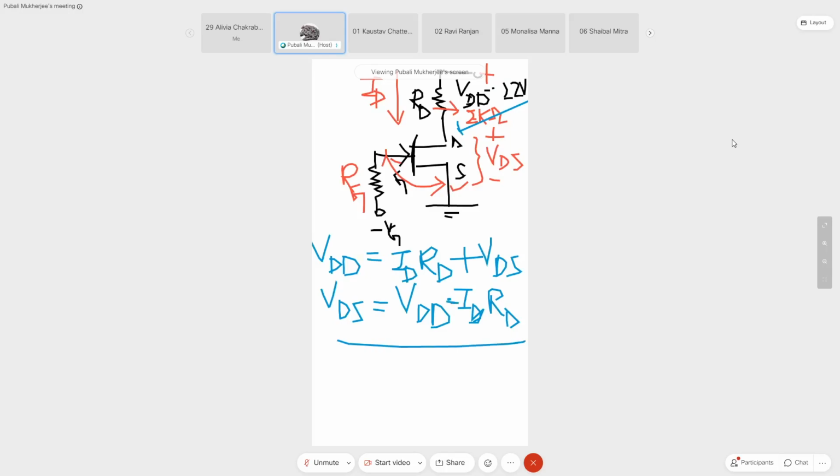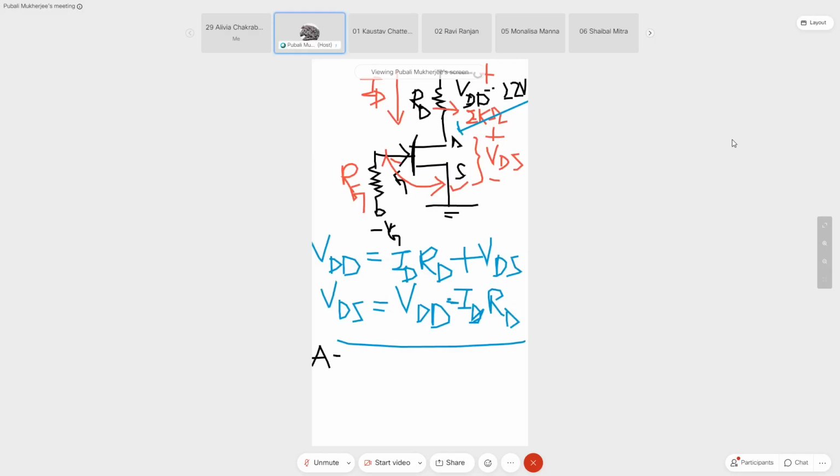So if we need to draw the Q point, we must use two options. One is we put ID equal to 0, and the other is we put VDS equal to 0. For point A, I'll draw the diagram on the next screen. For point A, I put ID equal to 0.